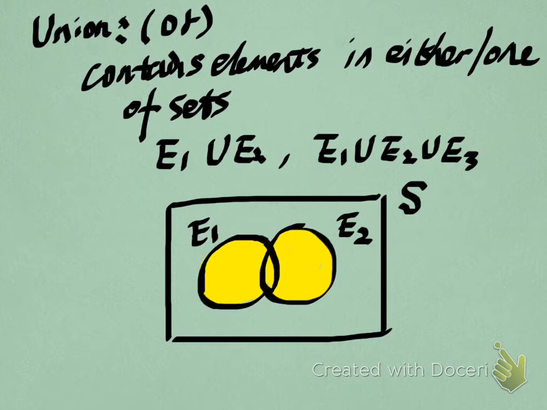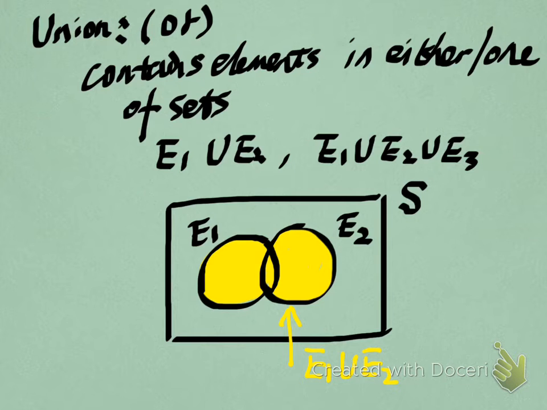You can see this union has much more area than E1 intersection E2. Okay, so now it is clear what the meaning of a union is: it contains the elements in either of these two sets.